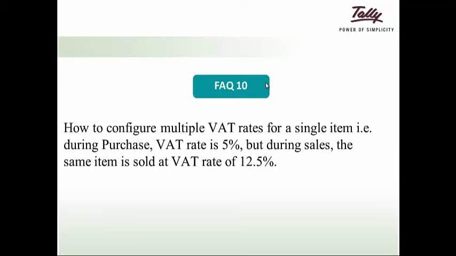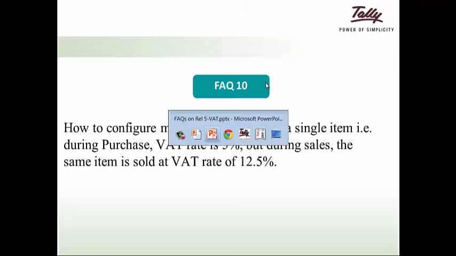So in these kind of exceptional scenarios, you can configure the particular generally used VAT rate at the item level and override it at the transaction level. Let us see this.